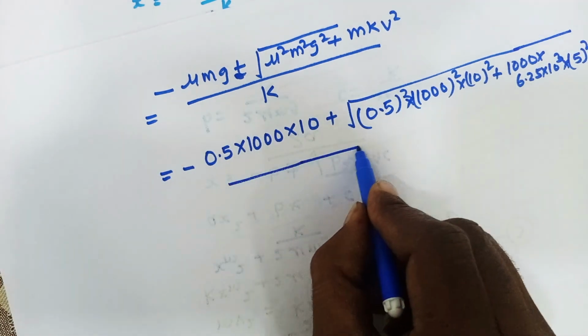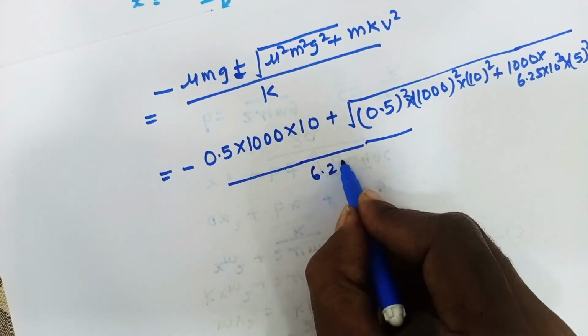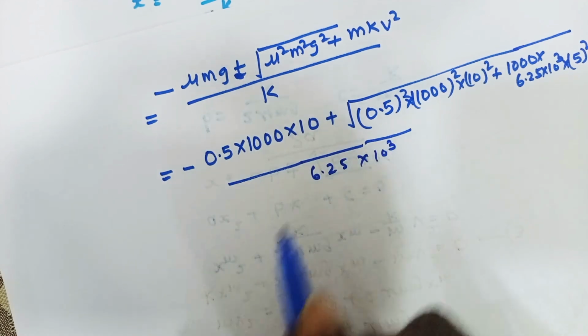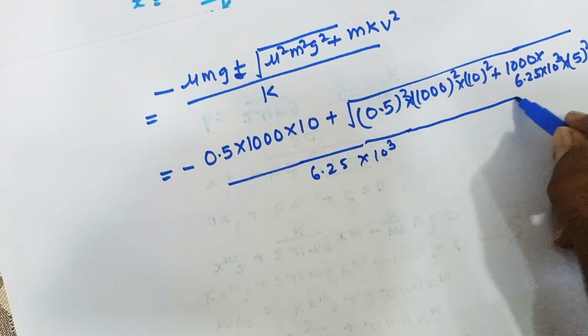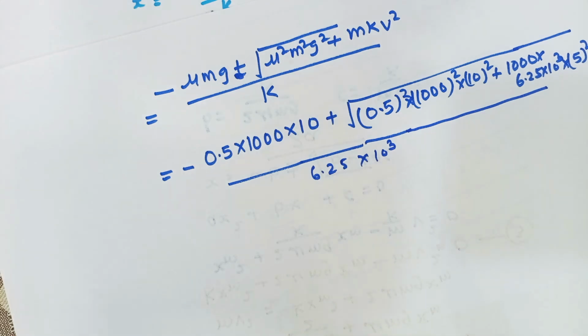And in the denominator also we will write k 6.25 times 10 to the power 3 Newton per meter, and then we will solve.